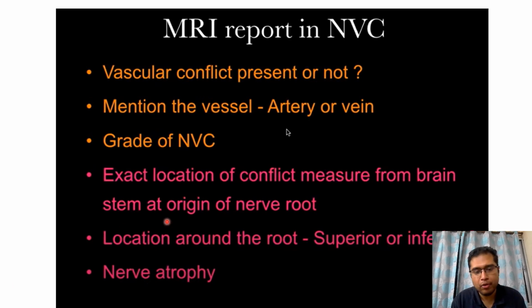This is also a very important factor that has to be mentioned in the report for the physician: distal to the neurovascular conflict, whether the nerve diameter has been reduced, whether there is atrophy, because accordingly the patient will be treated with surgical management or conservative management.